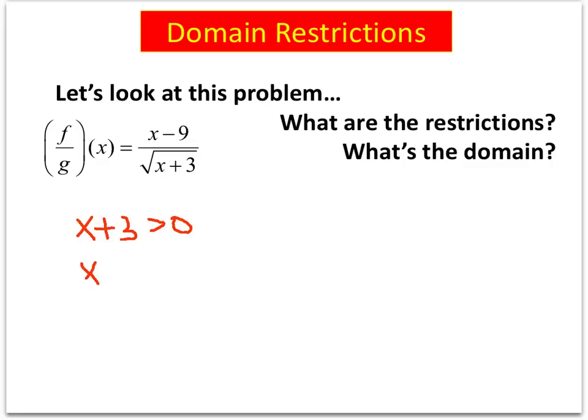So let's solve. x is going to have to be bigger than negative 3. So my domain here are all real x that are bigger than negative 3. And that's going to be my domain. So my restrictions are x values smaller than or equal to negative 3.